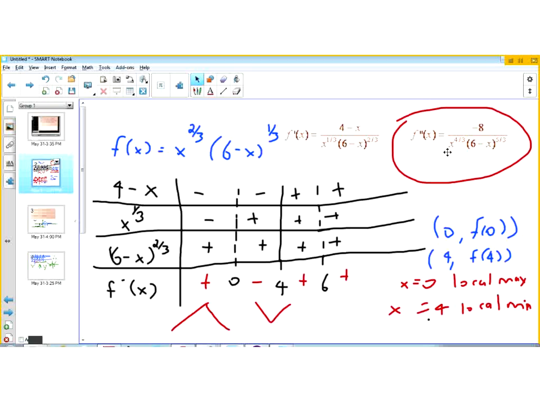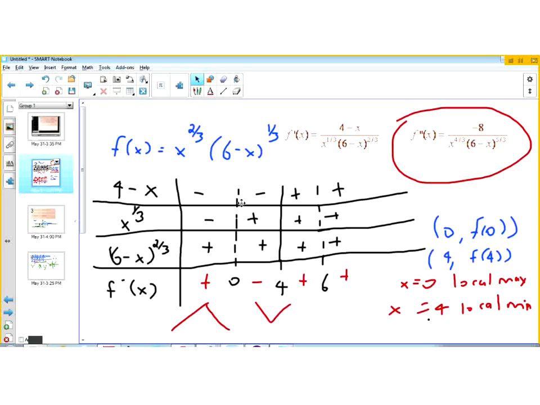So at x equals 4, we have a local minimum. So we should expect, if at x equals 4 we have a local minimum, then what? We should expect the second derivative to be positive, but it's not positive at x equals 4. So we have a mistake here, perhaps.